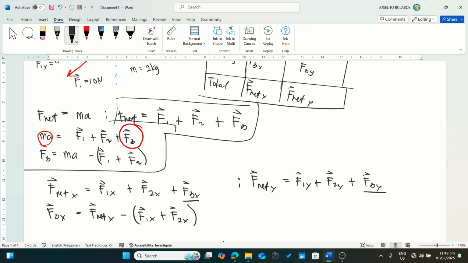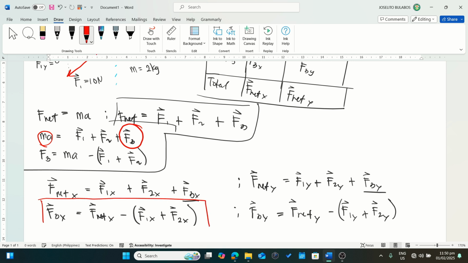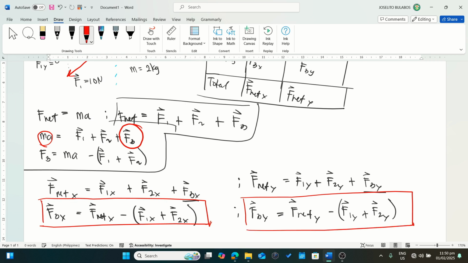On the other hand, this will become F3Y, and should be F net Y minus F1Y plus F2Y. Okay, this is the X component of our F3 and this is the Y component of our F3.